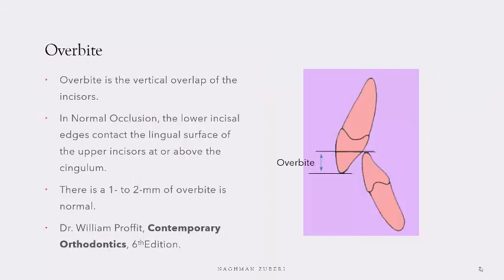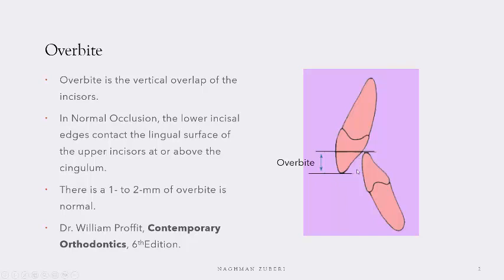Overbite is the vertical overlap of the incisors. Horizontal overlap is overjet. In normal occlusion, the lower incisal edges contact the lingual surface of the upper incisors just close to the cingulum.